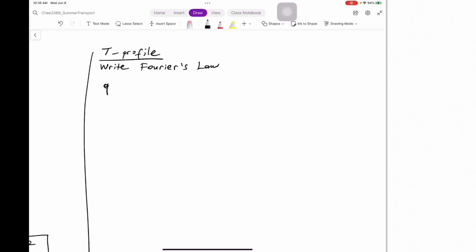Okay. It says QR is equal to negative K del T over del R in cylindrical coordinates.